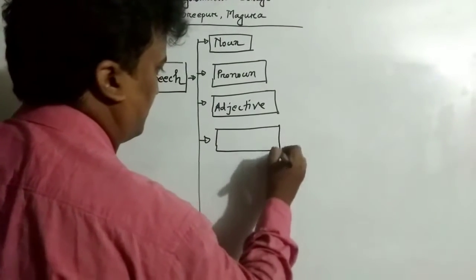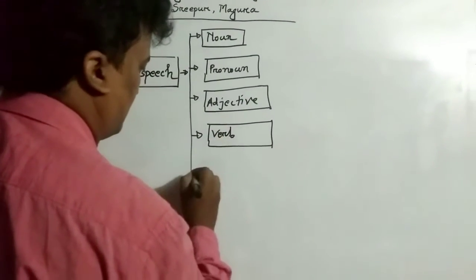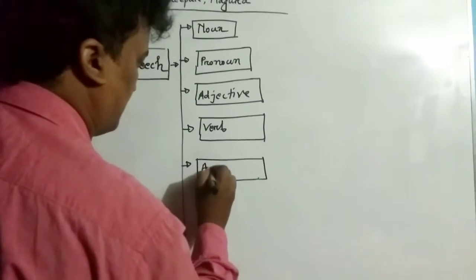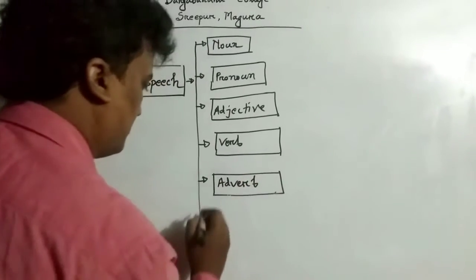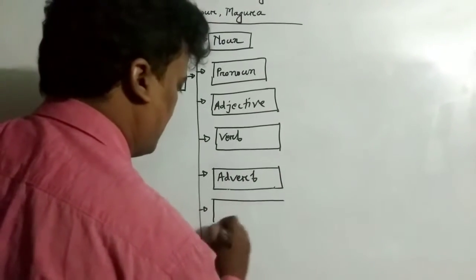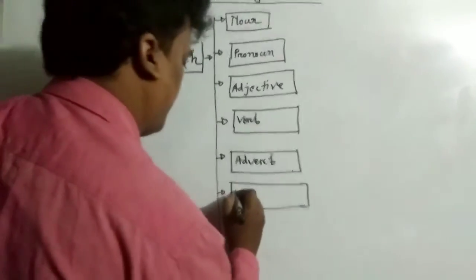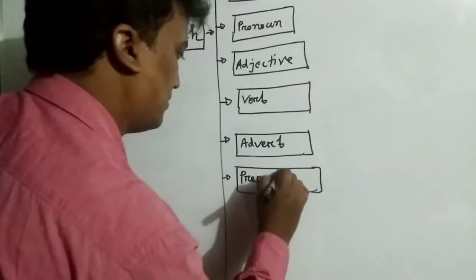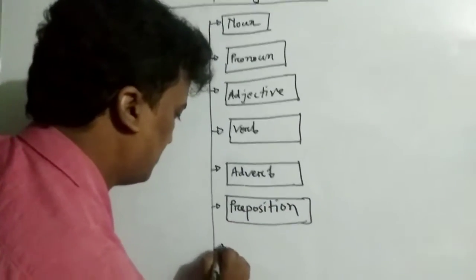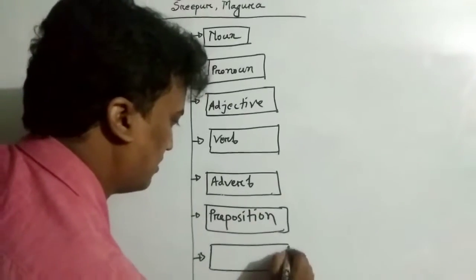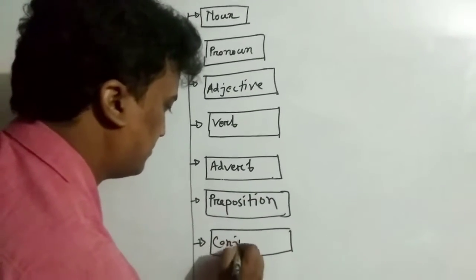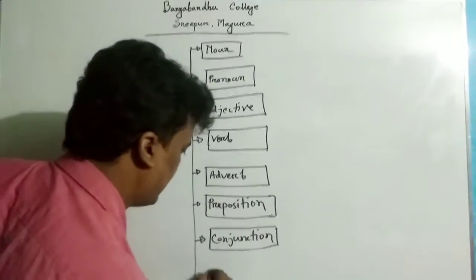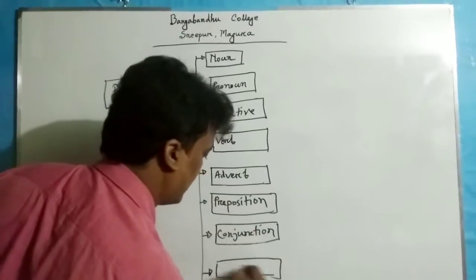Verb. Adverb. Preposition. Conjunction. The last one is interjection.